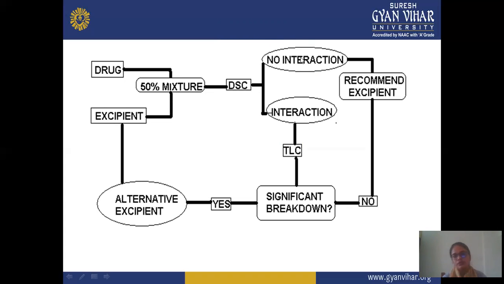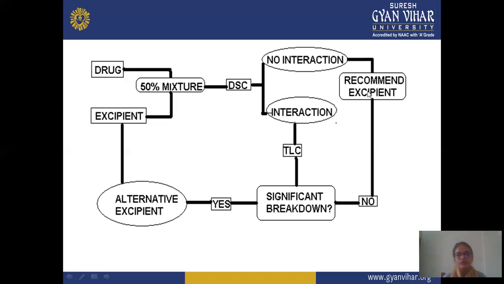If no interaction takes place, then it is recommended that particular excipient is good for your formulation. If an interaction is observed in the excipient interaction, then you perform TLC. TLC is thin layer chromatography.